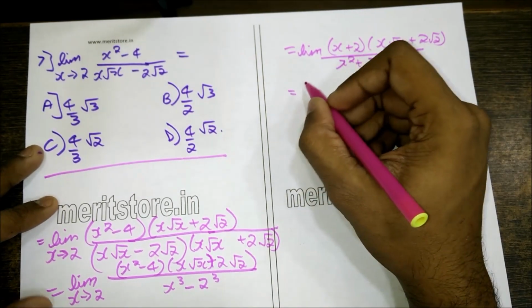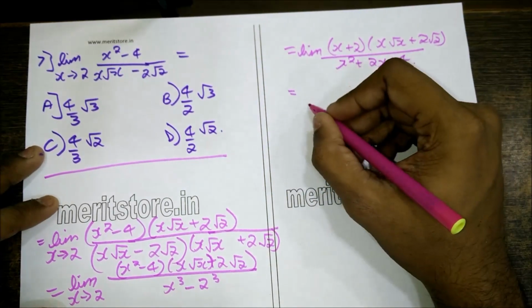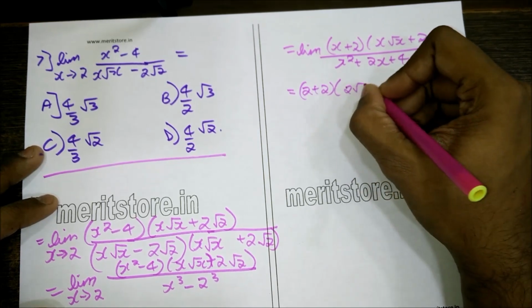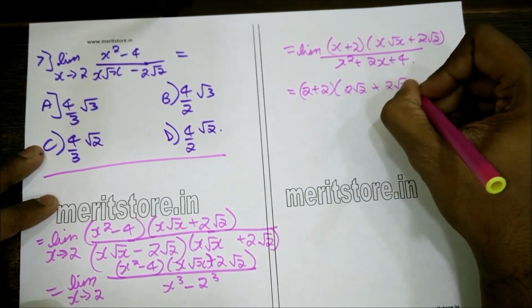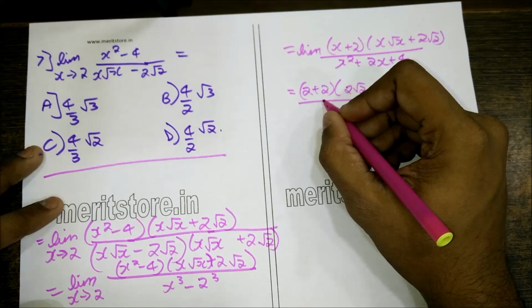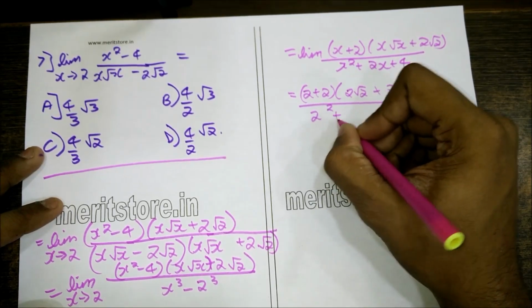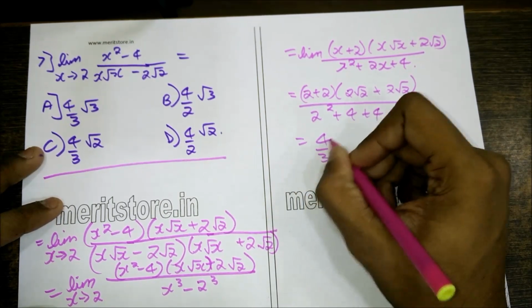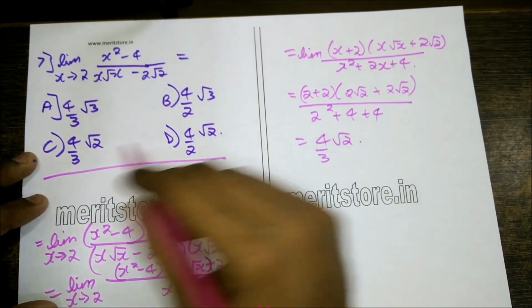Now we can apply the limit of x tends to 2, that gives us (2 plus 2) into (2 root 2 plus 2 root 2) upon (2 square plus 4 plus 4), that is nothing but 4 by 3 root 2, which is option C.